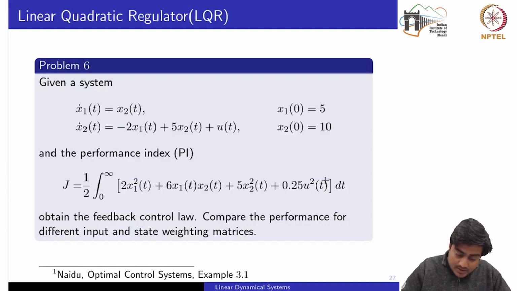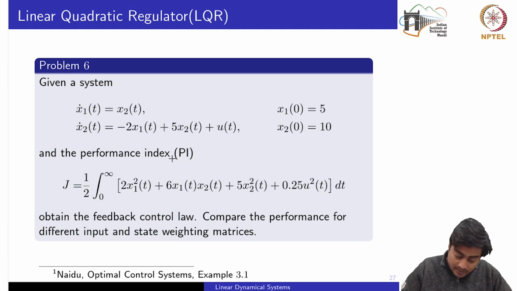So the last problem is about the linear quadratic regulator problem. So we are provided this state space system, which is a single input and two state system, and the performance index is now given as here. So far we have considered the performances as the stability or the tracking.